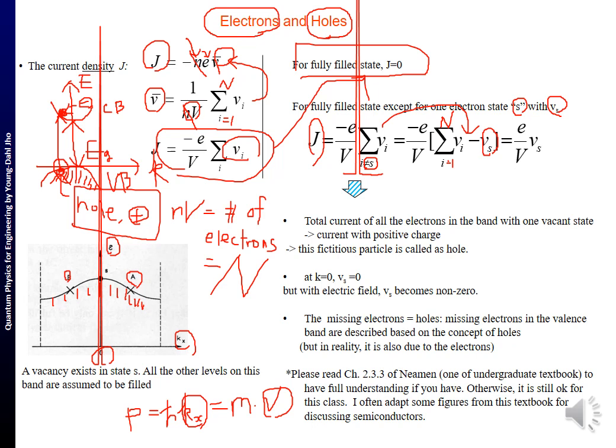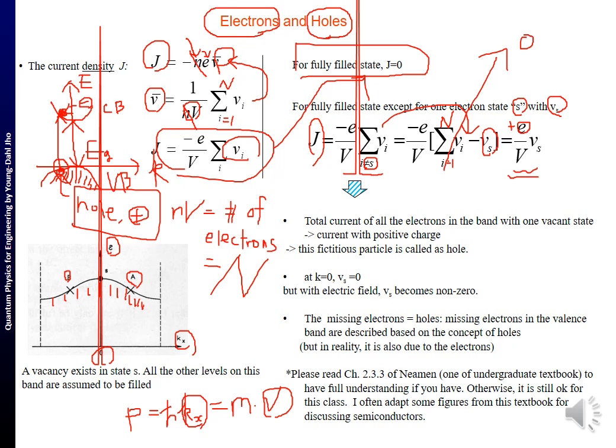Let's say its velocity is Vs, then we should subtract by that amount. And here we see that this one was 0, so eventually we have this. So J is E over V multiplied by Vs. And here the charge is equal to a single positive charge.